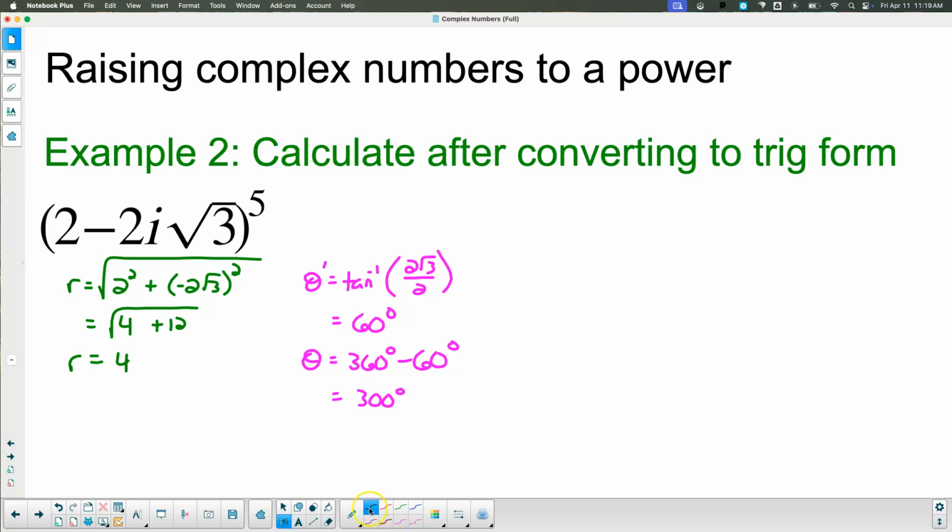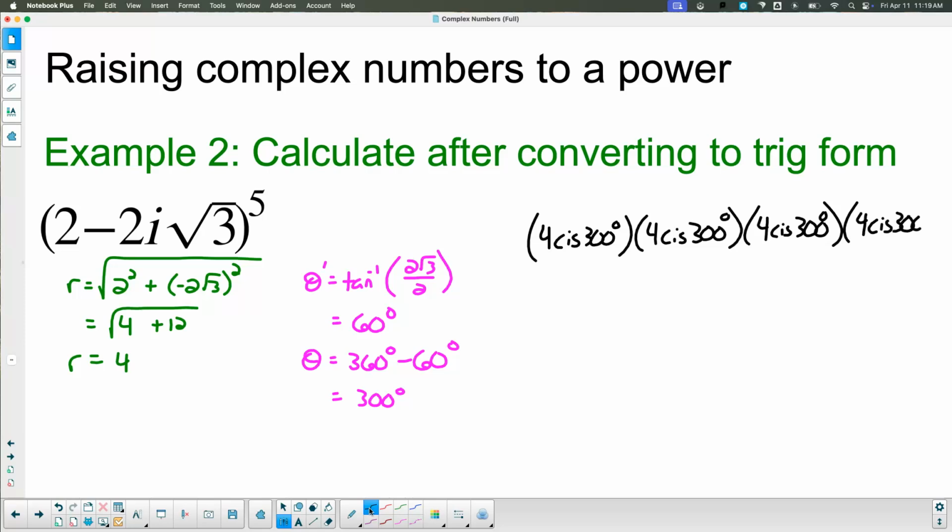So now what I've got is 4 CIS of 300 times 4 CIS of 300 times 4 CIS of 300 times 4 CIS of 300 times 4 CIS of 300. Right?